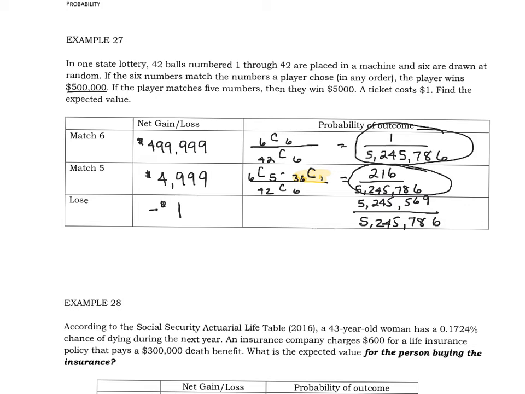So mathematically what it's looking like is 1 minus 1 over our denominator minus 216 over our denominator. And then this is what we end up with.